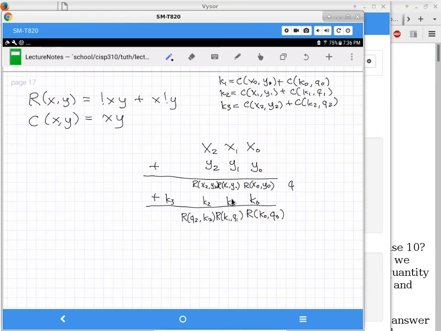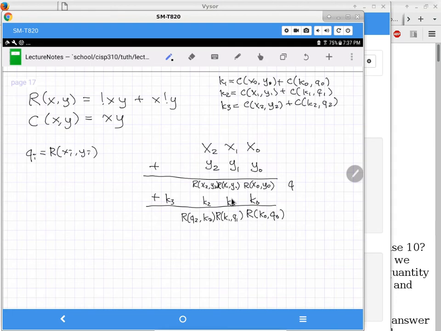Let's see. So we can define what is Q of I. I is really just a bit position. So how would you define Q of I? R of xi, yi. Ooh, okay, that's easy.